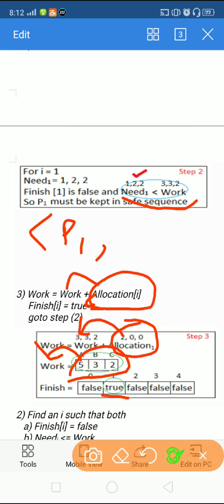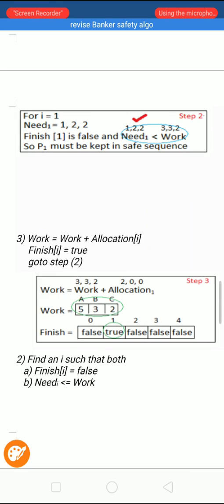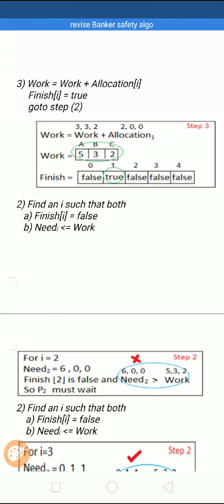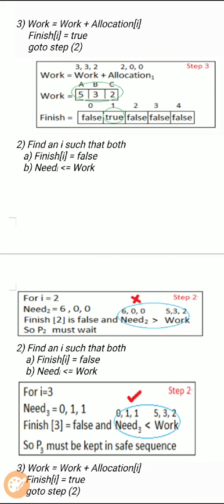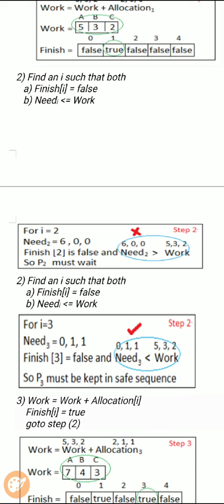Then again we will find the next I such that finish of I is false and the need of that I is less than or equal to work. So we incremented I by 1 and got I equal to 2. The need of that process is not less than or equal to the work matrix.